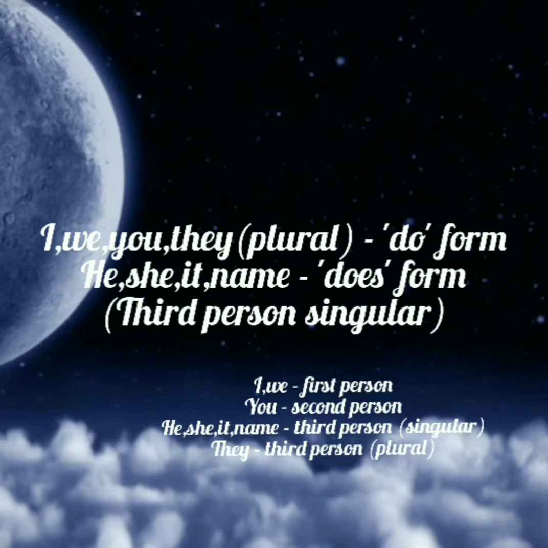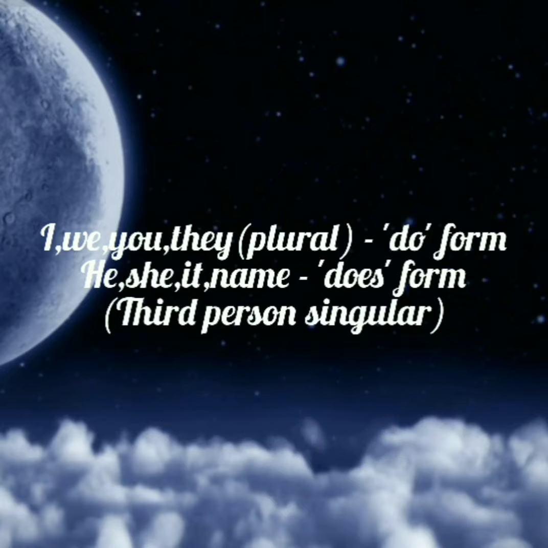And they we can consider as third person plural. With subjects like I, we, you, they, we use the do form of the verb, and with he, she, it, names we use the does form of the verb.